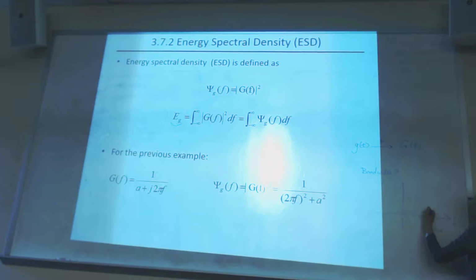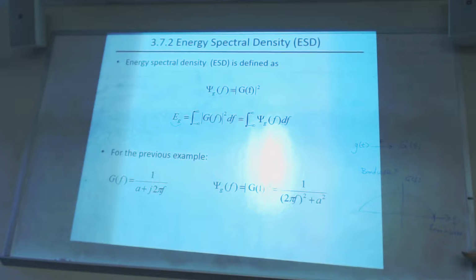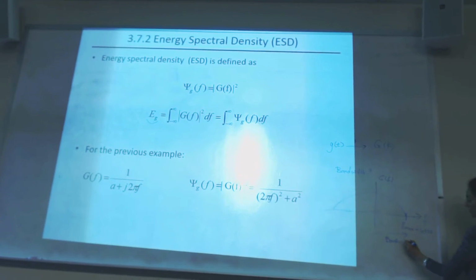So let's say I have a spectrum like that, a G(f), and let's say my f max is 10 kilohertz. We will say this signal has a bandwidth of 10 kilohertz. So pay attention to this. The maximum frequency that you have is called the bandwidth, and you look at it as a frequency, not in the time.